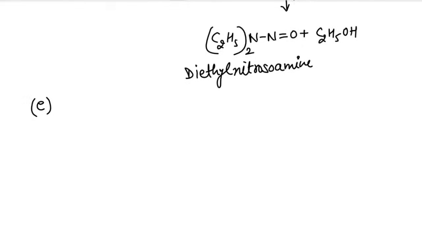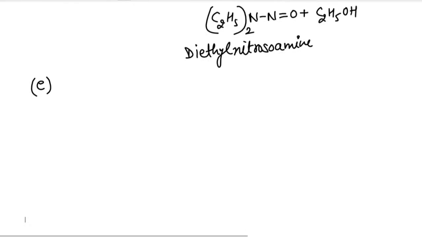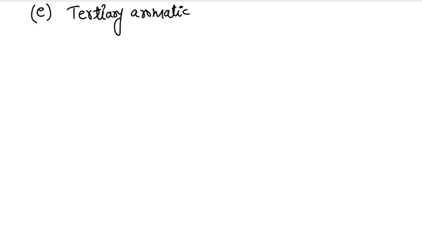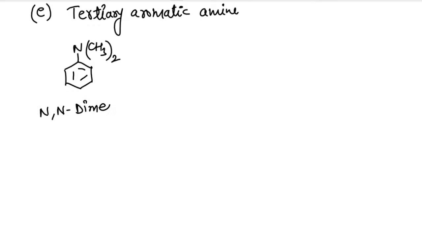Now, next one, that is the tertiary aromatic amine. Tertiary aromatic amine is like this: N,N-dimethyl aniline.